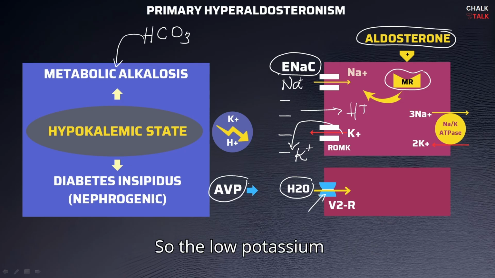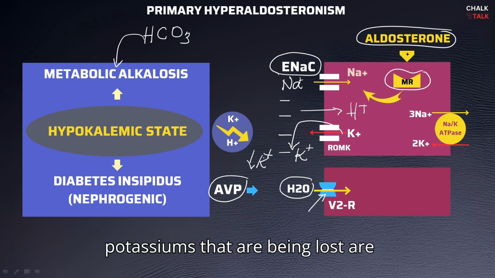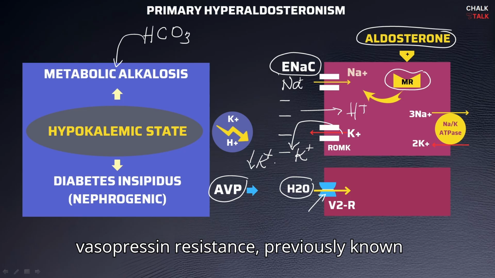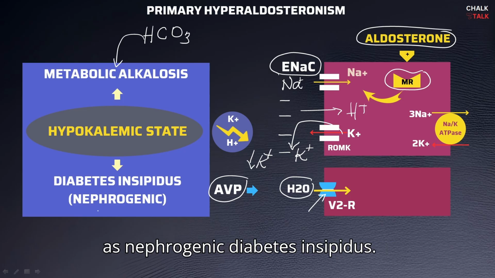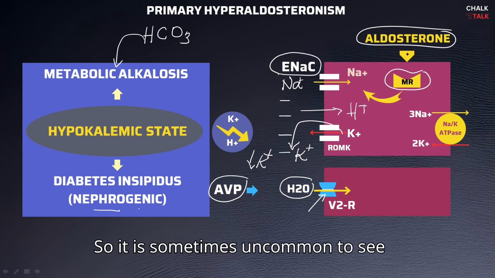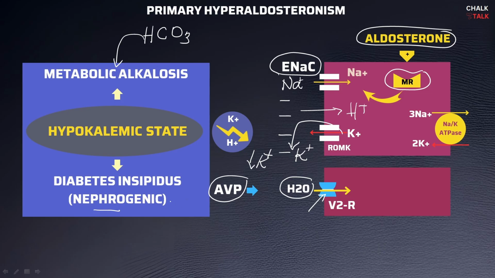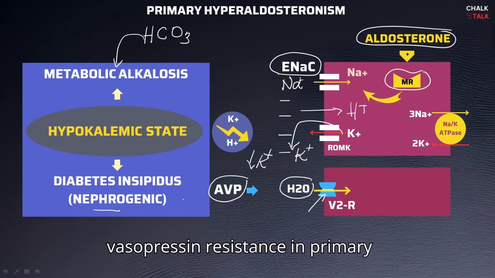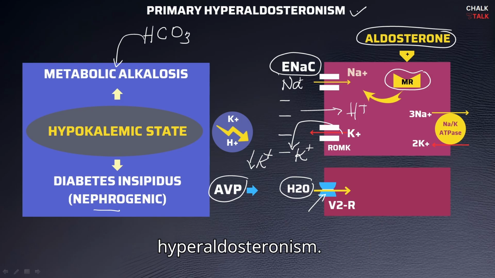So the low potassium state that we have in primary hyperaldosteronism, the potassium that is being lost, is actually going to lead to arginine vasopressin resistance, previously known as nephrogenic diabetes insipidus. So it is sometimes uncommon to see diabetes insipidus, specifically arginine vasopressin resistance, in primary hyperaldosteronism.